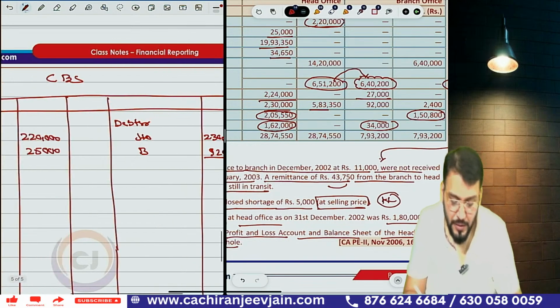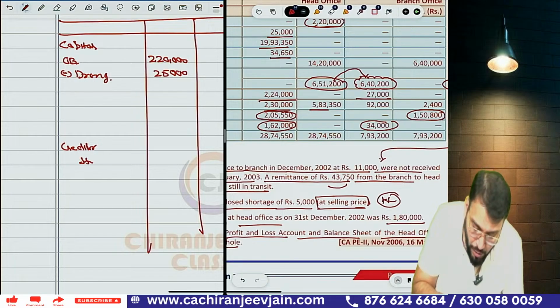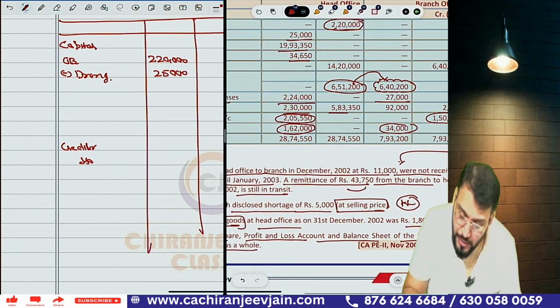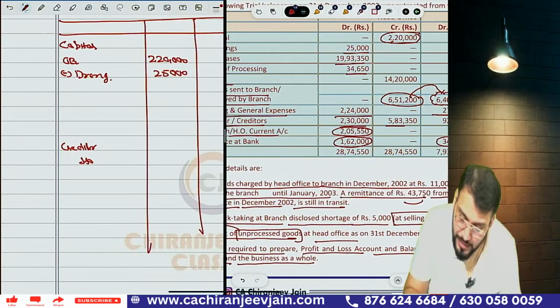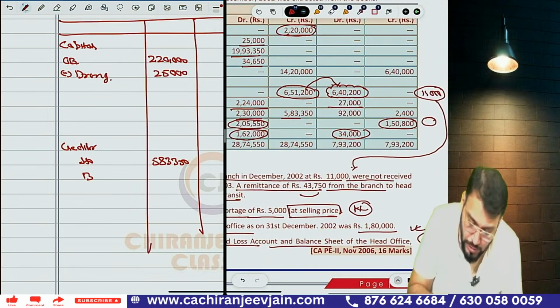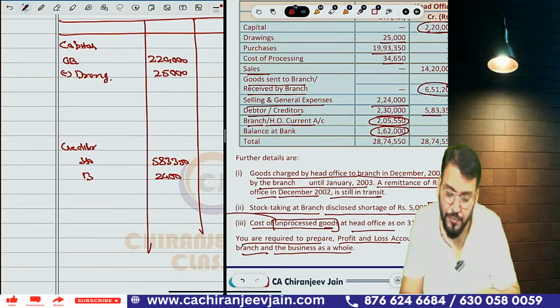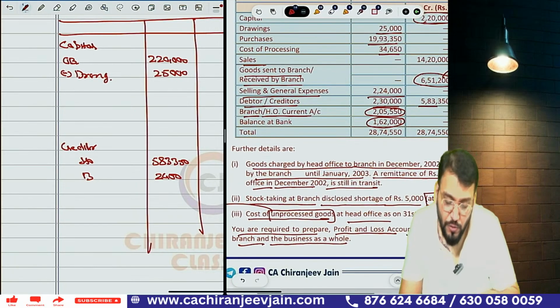Total we can write down. Similarly, creditor. For HO it is 5,83,350. And for branch it is 2,400. Correct. Understood.